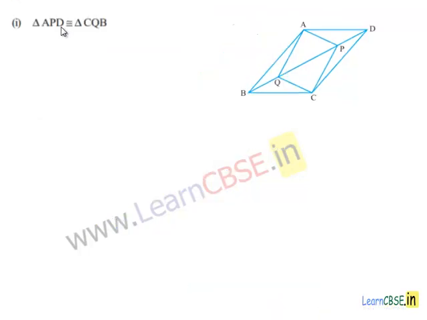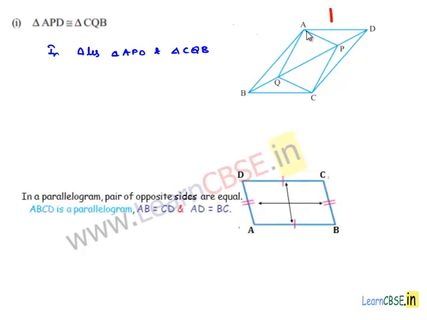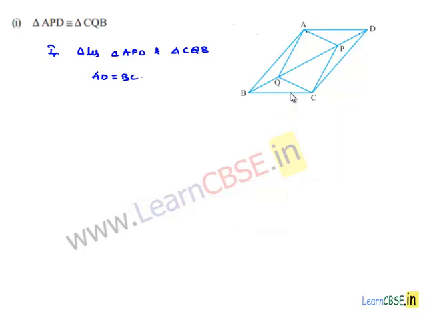In the first thing, he has asked us to prove that triangle APD is congruent to triangle CQB. So let us consider both triangles, that is triangle APD and triangle CQB. In this, AD is equal to BC, as we know that ABCD is a parallelogram, and opposite sides will be parallel and equal.